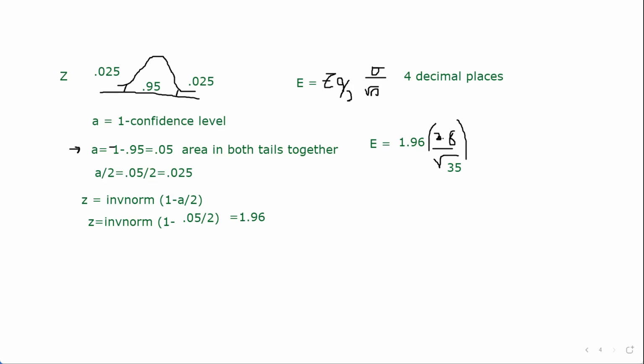So let's put that in the calculator. Now remember, this is just a straight calculation. This isn't the inverse norm of anything. We already did that. So let me share the screen again and go to the calculator.